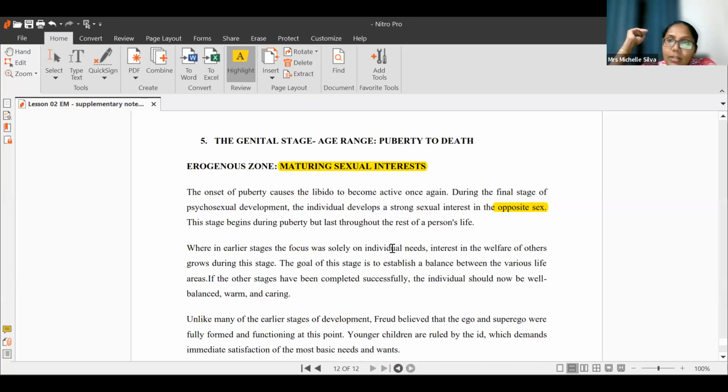Since I believe they can understand what I am telling, I provided that sexual education during that period, because it's really necessary. Otherwise, if we thought to give that sexual education after grade 6 or after 12 years, what will happen? Since they are maturing sexual interest, automatically they start different affairs with other people.